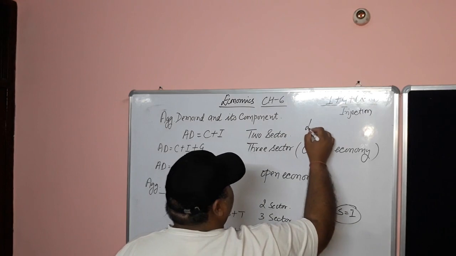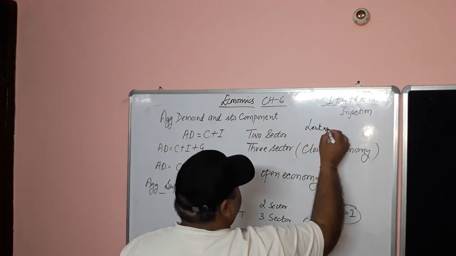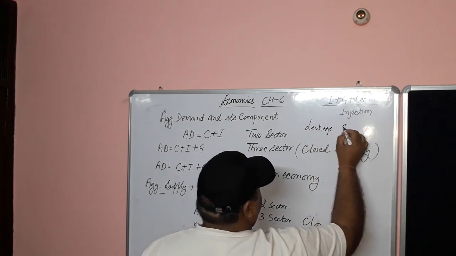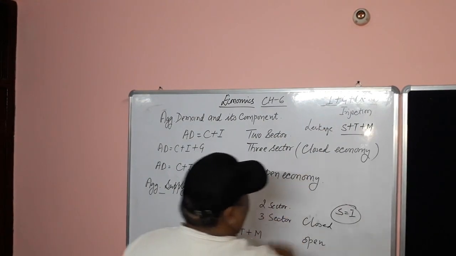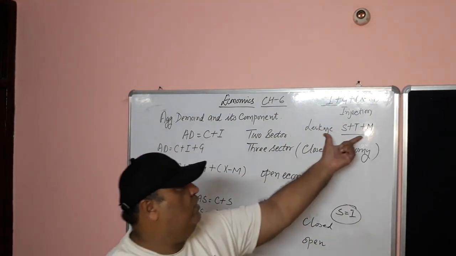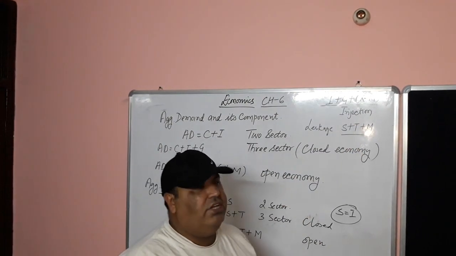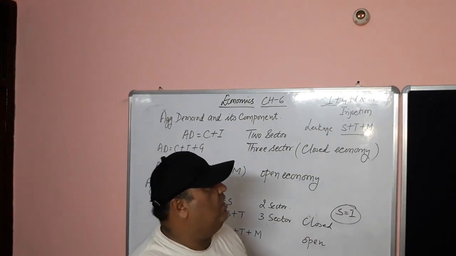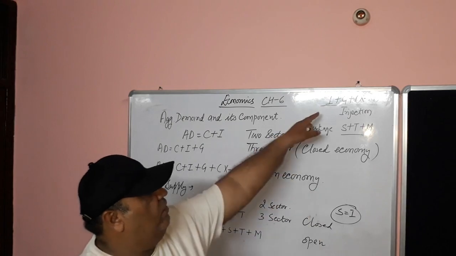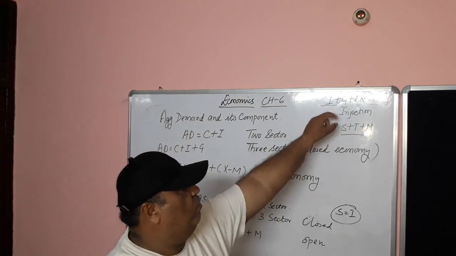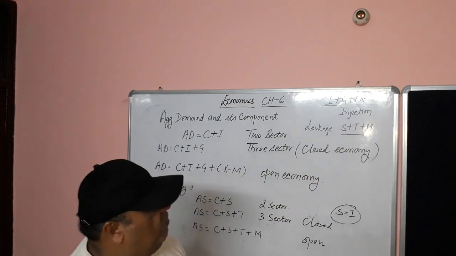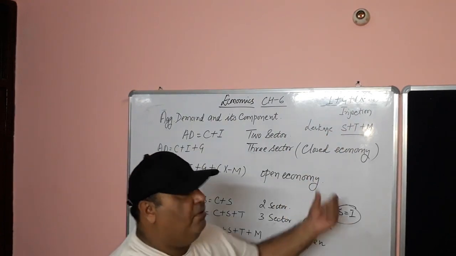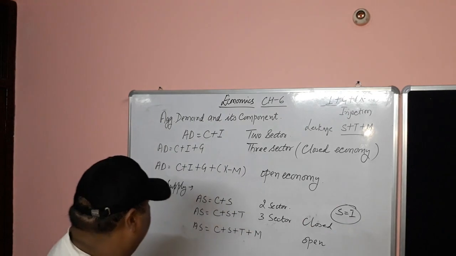And what are the leakages? Leakages are saving, tax and import. So these decline the economy and those inject the economy. It means they increase the economy. If more and more investment, government expenditure and net export are there, they increase the economy, and saving, tax and import are considered leakages.